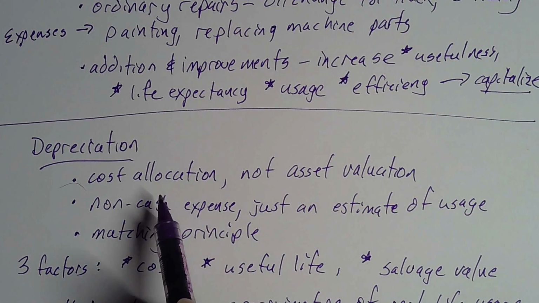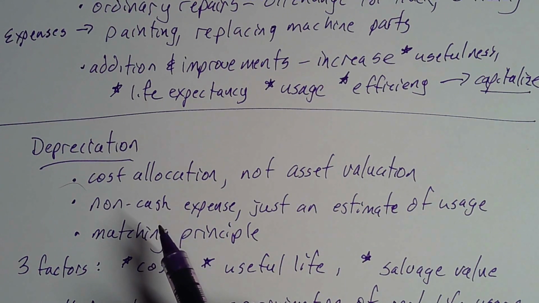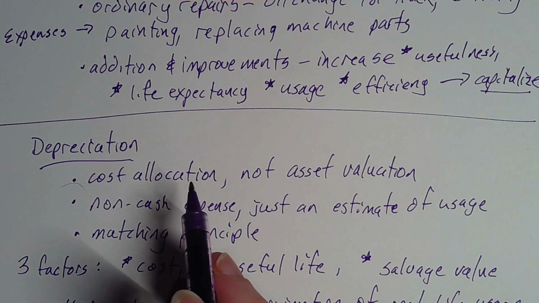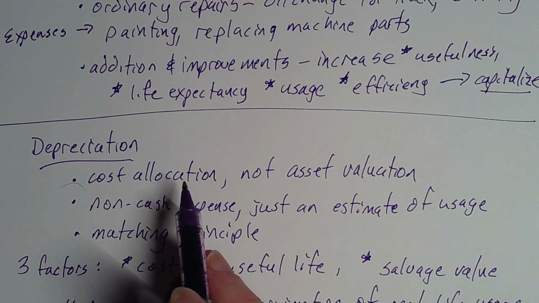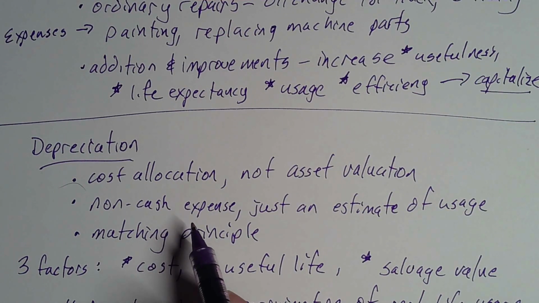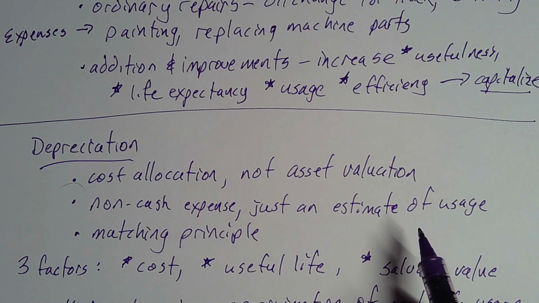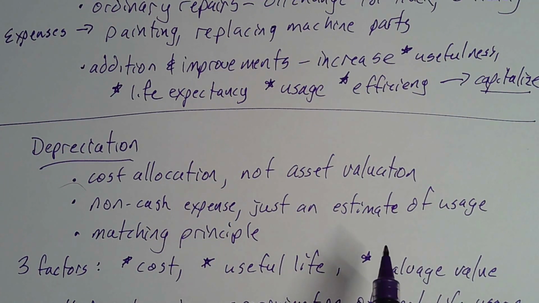But we don't expense a building or land or a piece of machinery immediately. We spread it out over time. So just remember, it's allocating the original cost of the item over the period of time that we're going to be using it. It's a non-cash expense, and it's our best estimate of usage. So it's not always going to be precise, but it's just our best estimate.